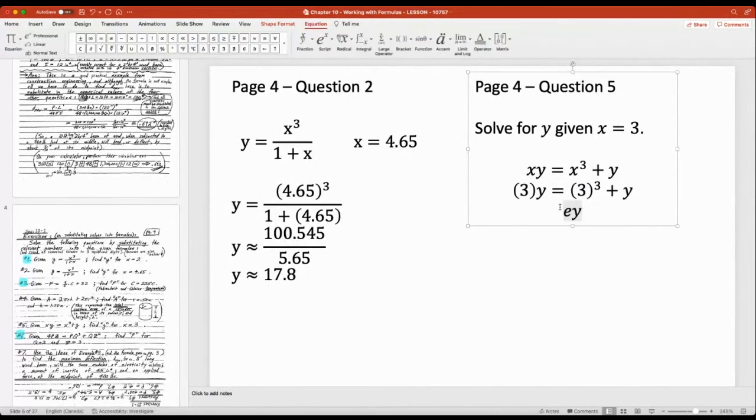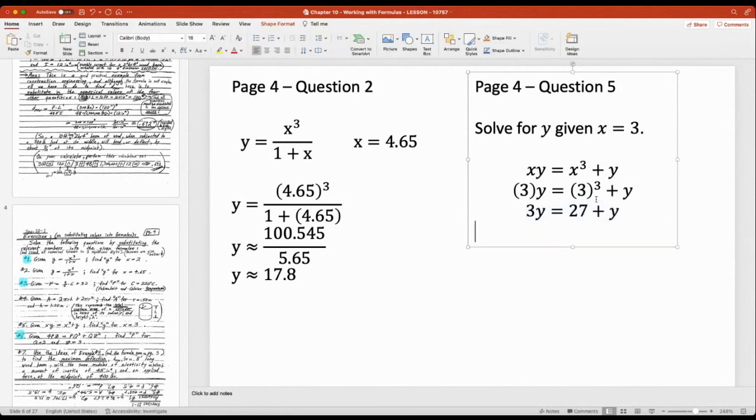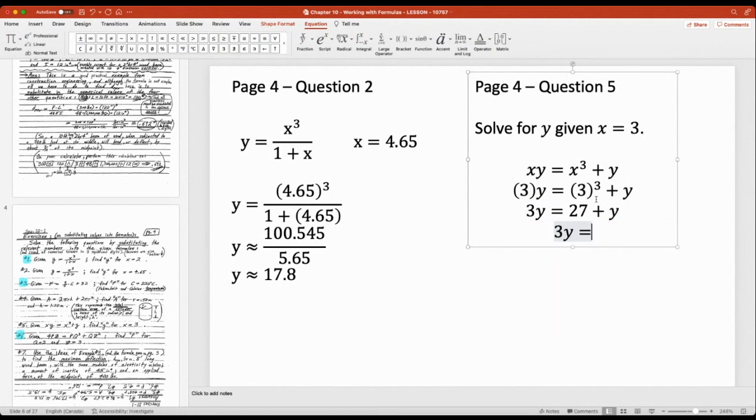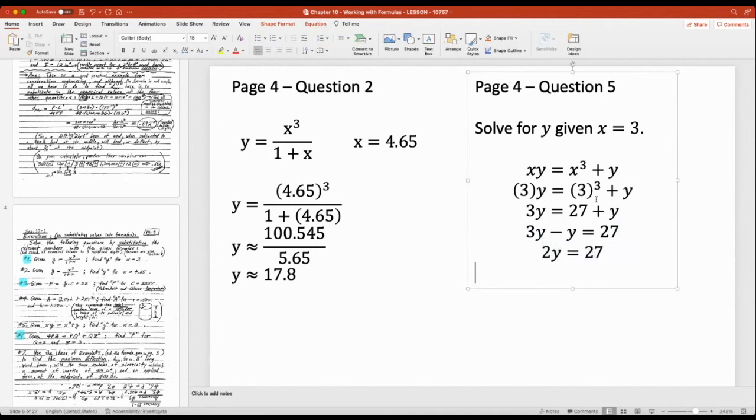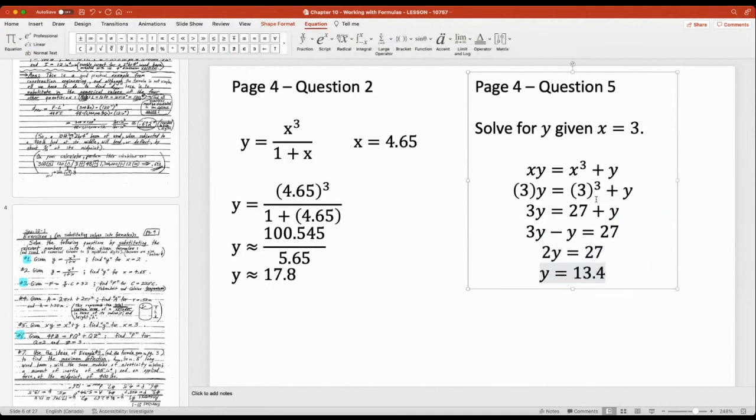So we have here 3y. Now 3 to the 3 is 27. And then plus y. Collect all the y's onto one side. And divide by 2, 13 and a half.